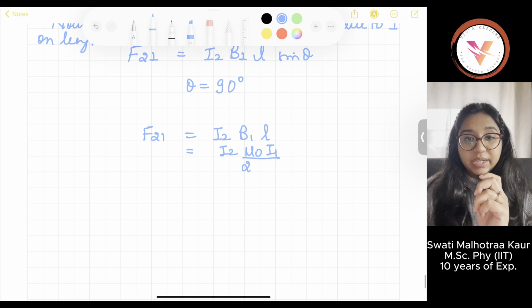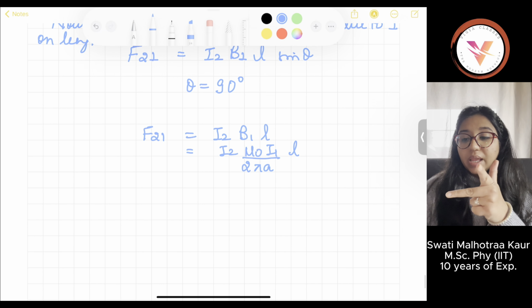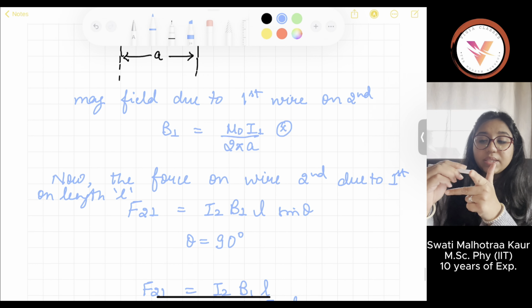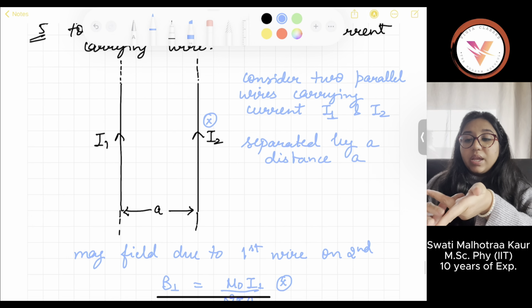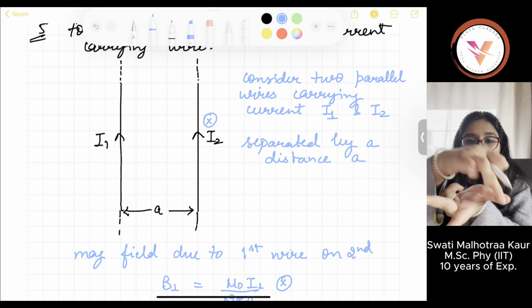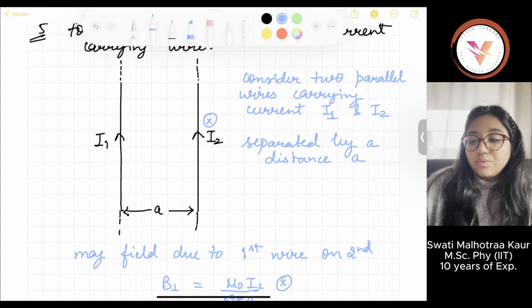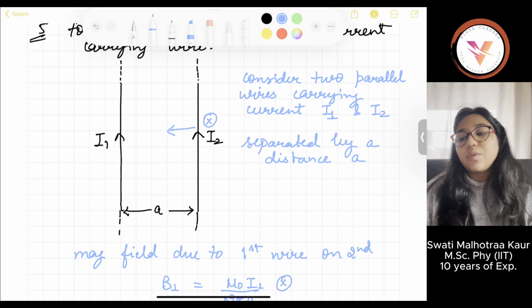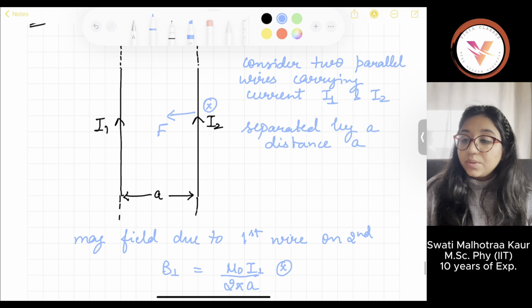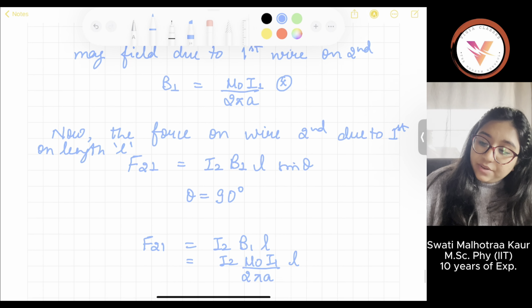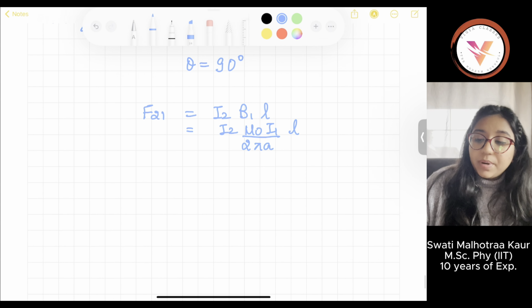And if you want to check the direction, you can use Fleming's rule: this is the magnetic field which is downward, and this is the current which is going upward. The thumb is pointing towards the first wire. This is the force on 2 due to first. So you can define force per unit length.